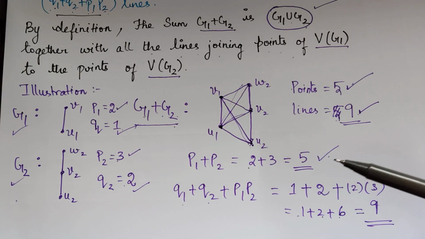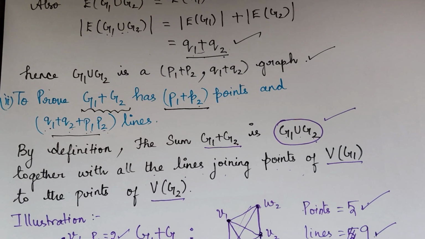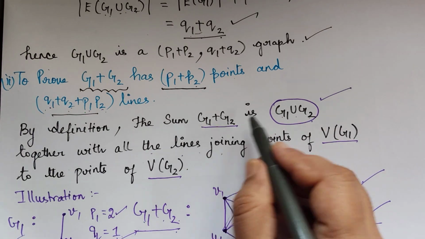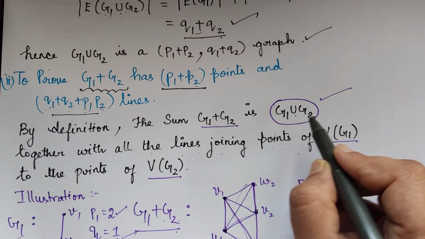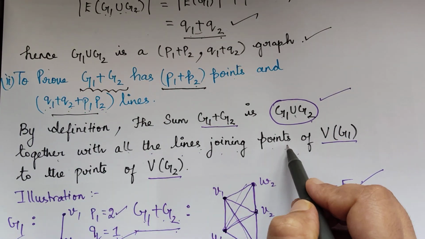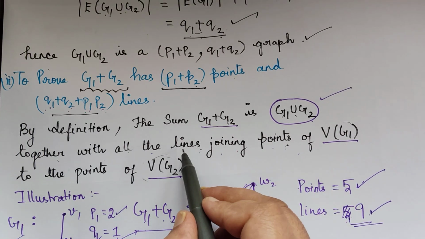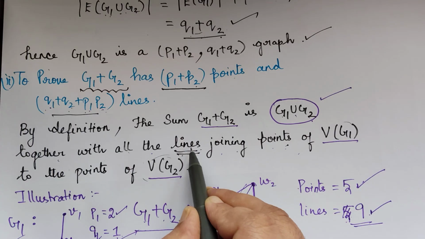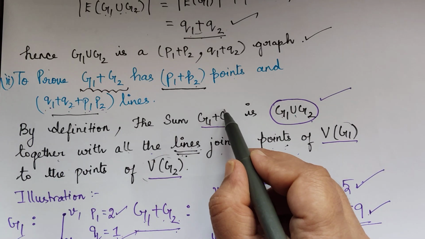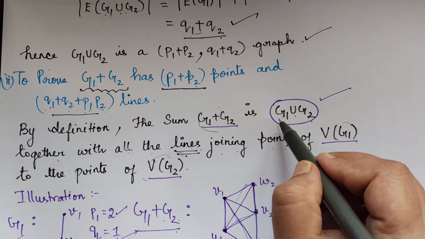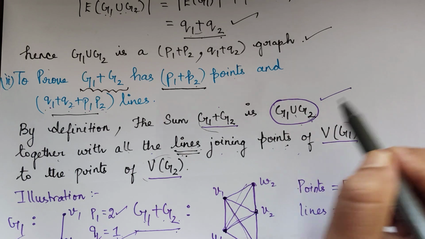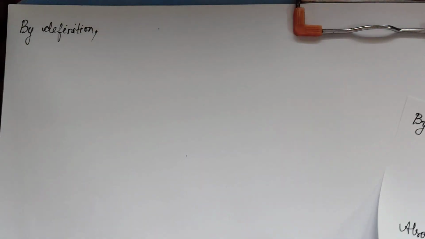But let us see the theoretical proof now. So now by the definition, what do we have? The sum G1 and G2 is G1 union G2 together with all the lines joining vertices of G1 to vertices of G2. And we see that this talks about only lines. So the vertex set of G1 plus G2 will be equal to the vertex set of G1 union G2. So let us write that.